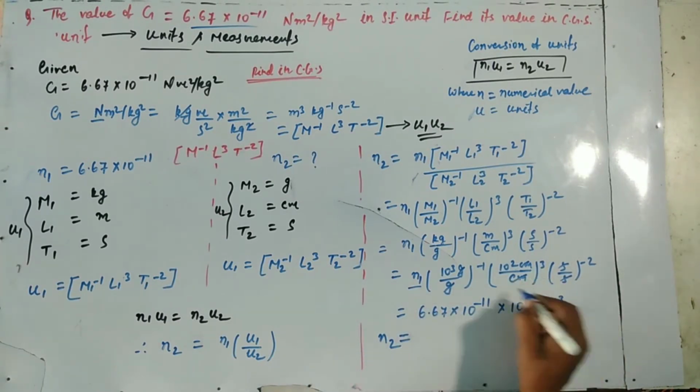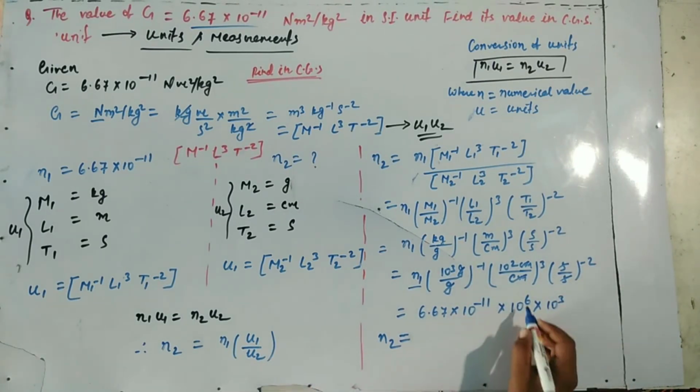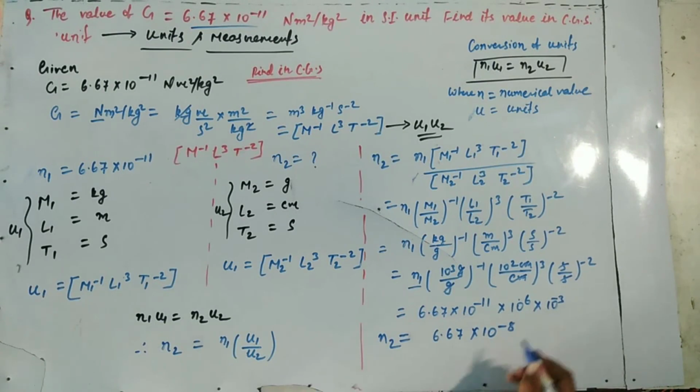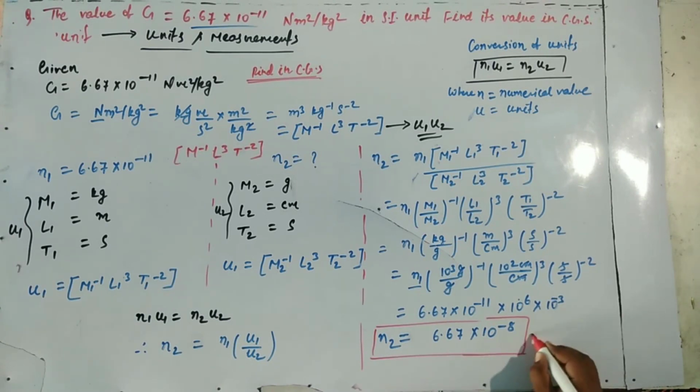Therefore N2 equals 6.67. You can calculate it also. So this value will be 6.67 into 10 to the power minus 8. So the value of N2 is 6.67 into 10 to the power minus 8.